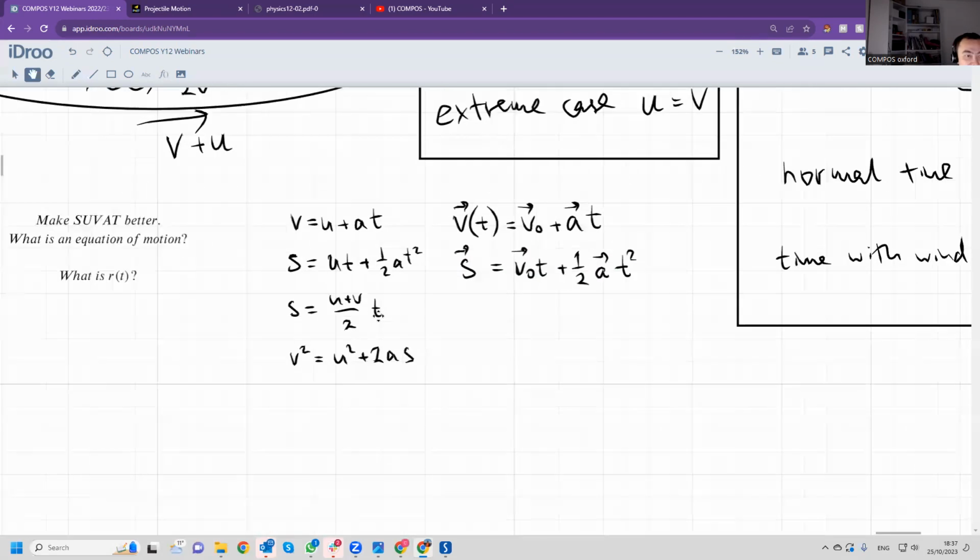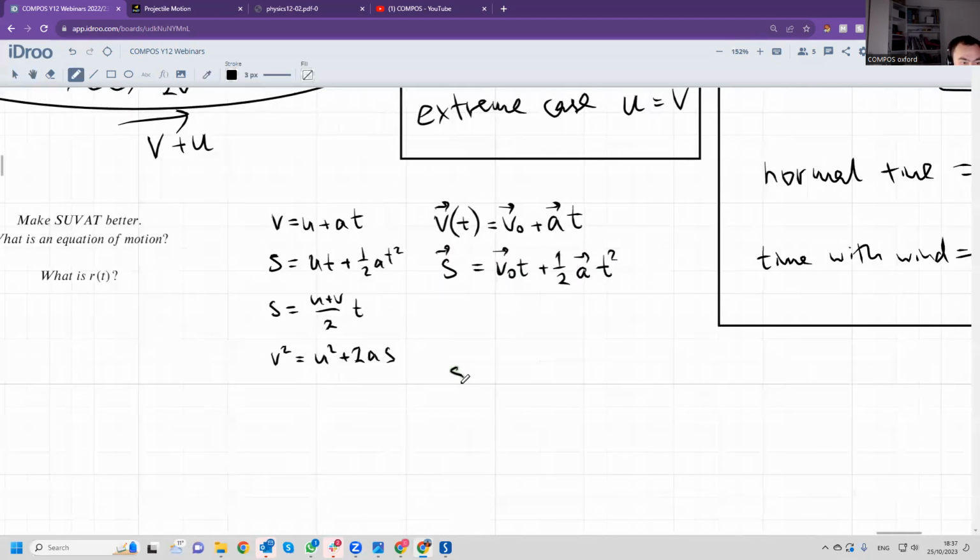Now, s, the displacement, also known as delta r, is the change in position of an object, which is equal to the current position of the object minus the initial position of the object.